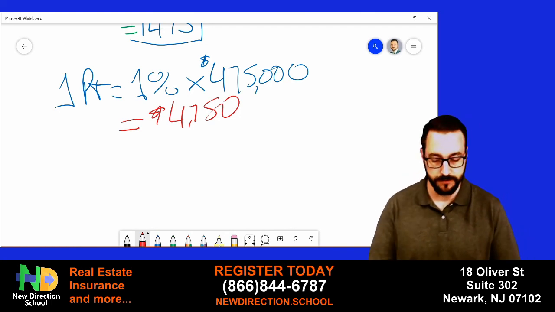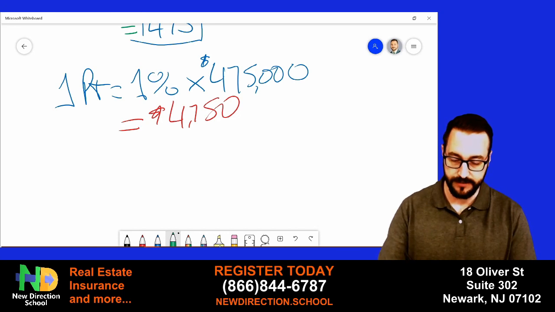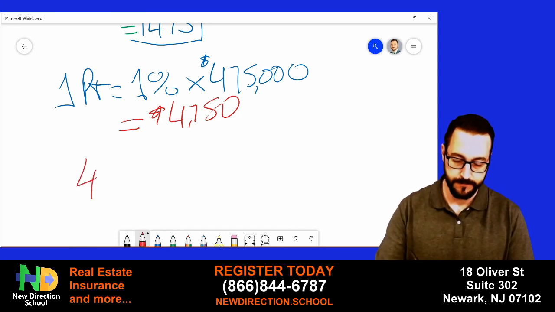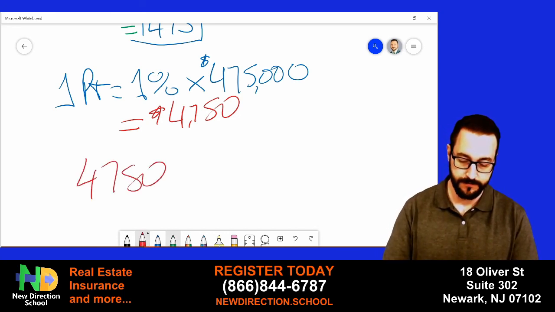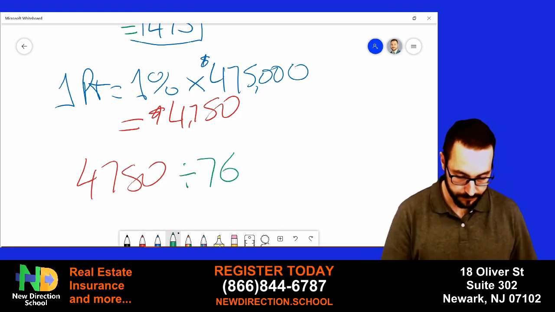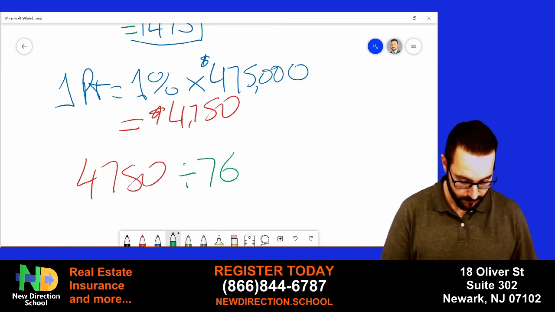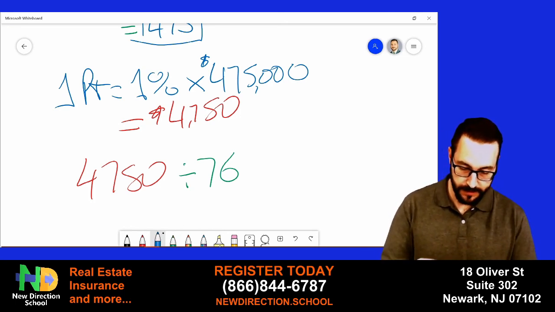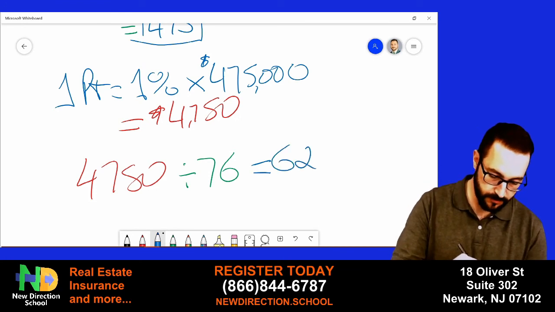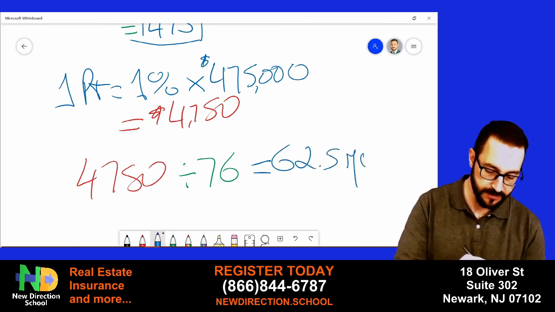What we're going to do is divide this 4,750 by 76. And this equals 62.5 months.